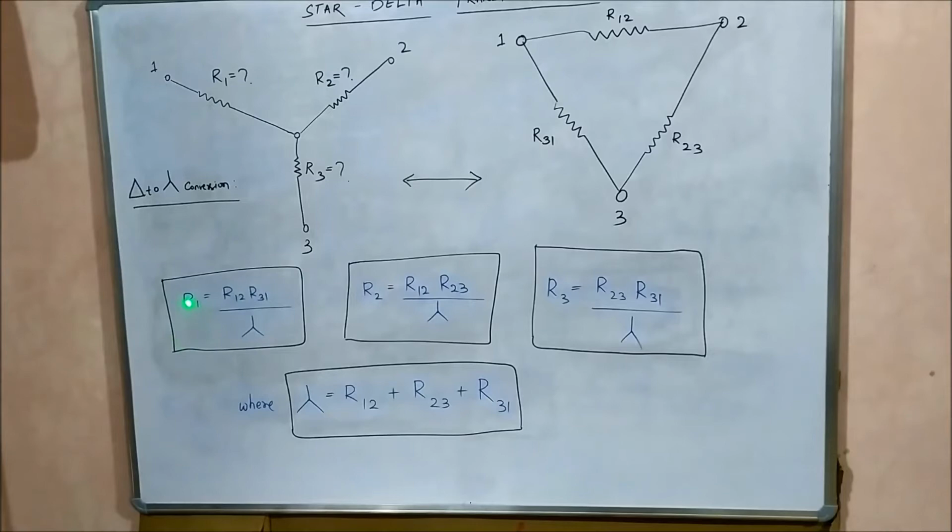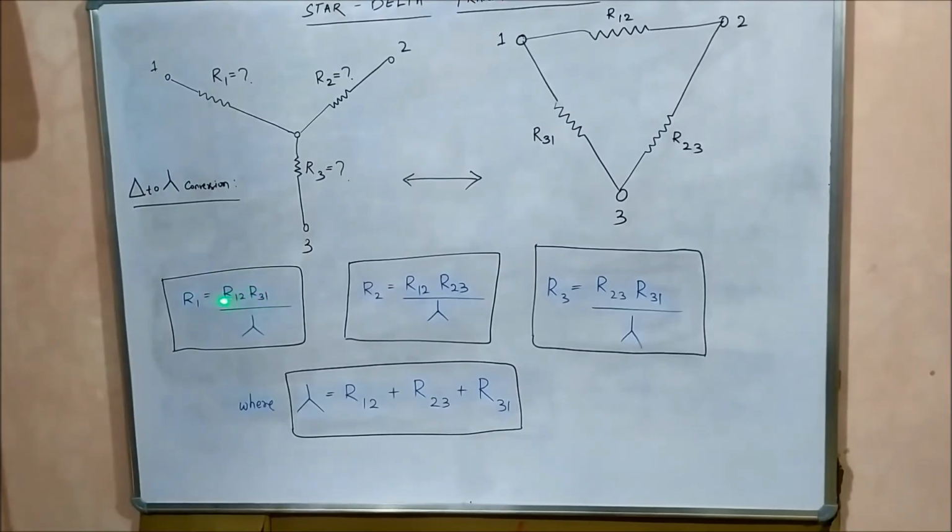Suppose you have to calculate the value of R1 here. In the numerator there will be all the resistance values which have 1 in the subscript. So in the numerator there is R12 and R31.